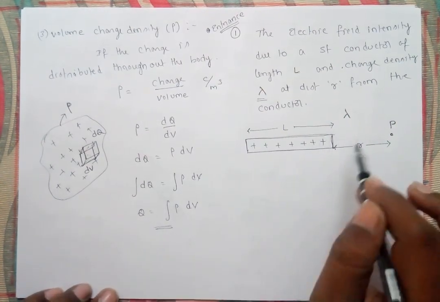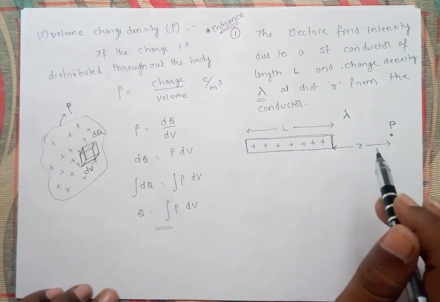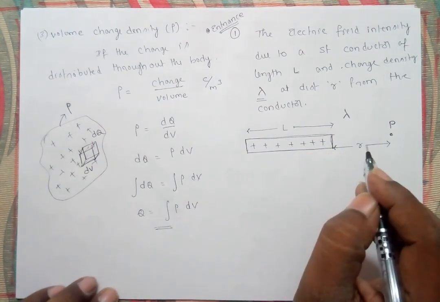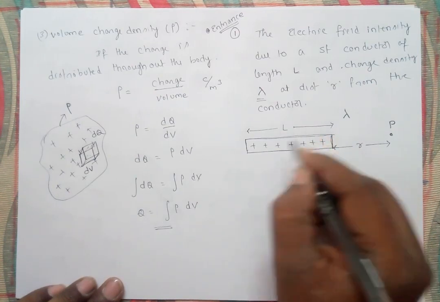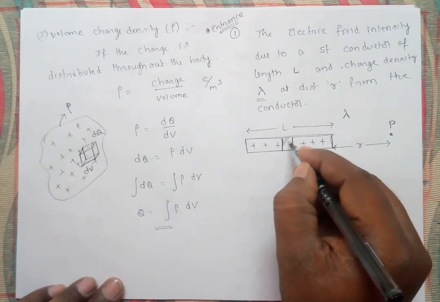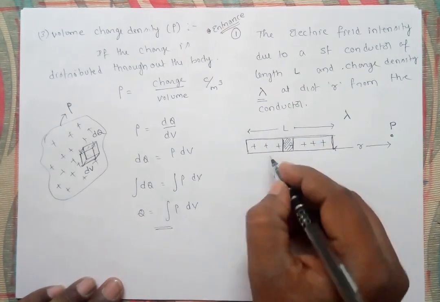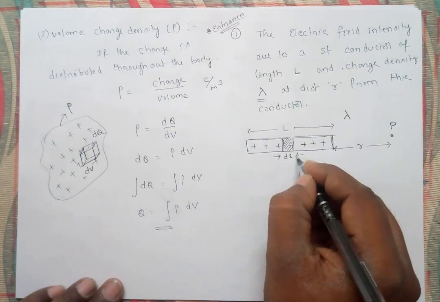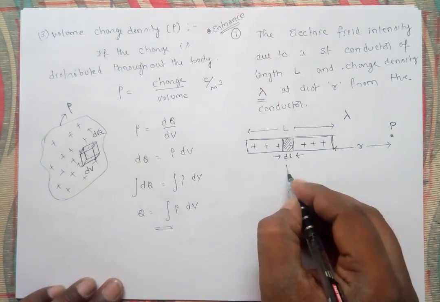Then to solve this kind of case, we have to consider a small part of it. Total length L is there, no? In this I am taking a small length dl, and its charge is dq.